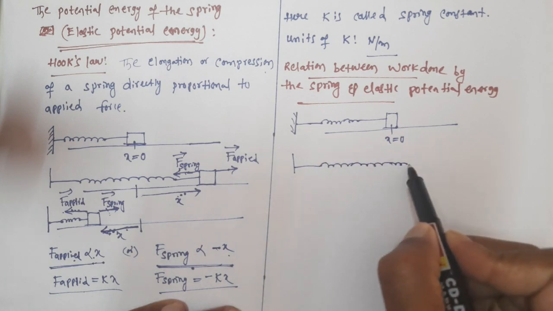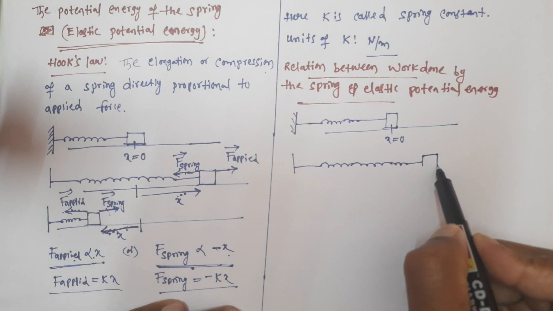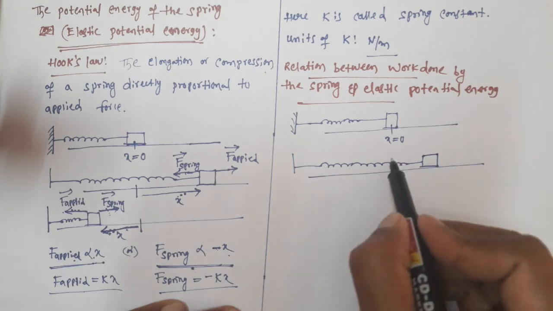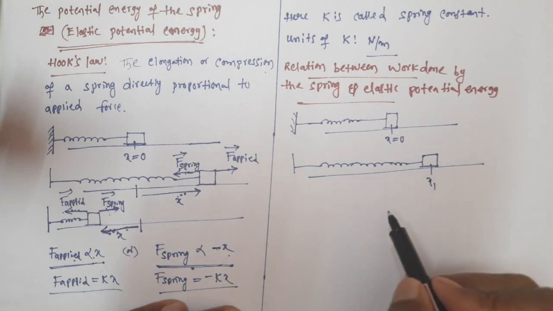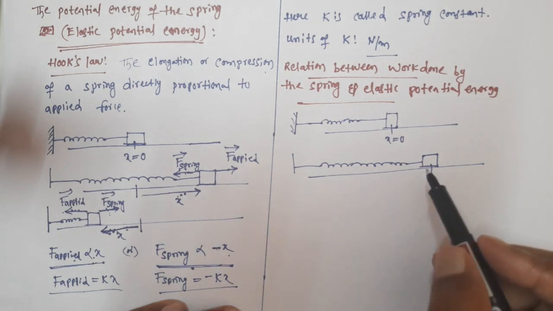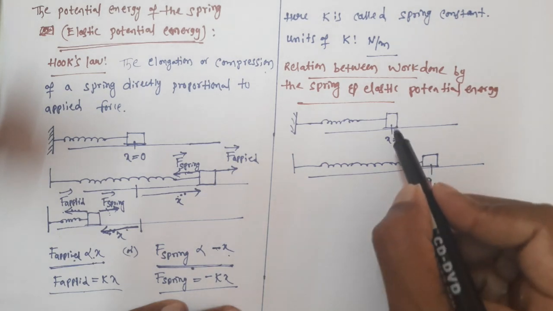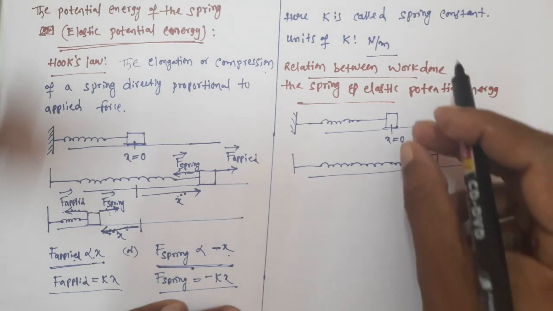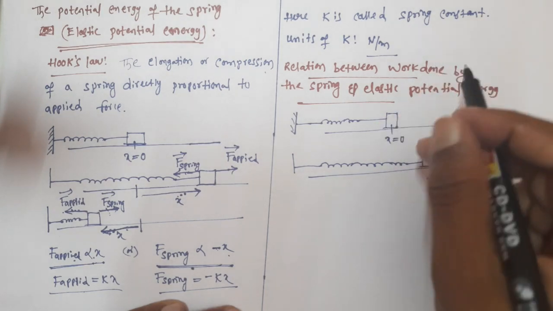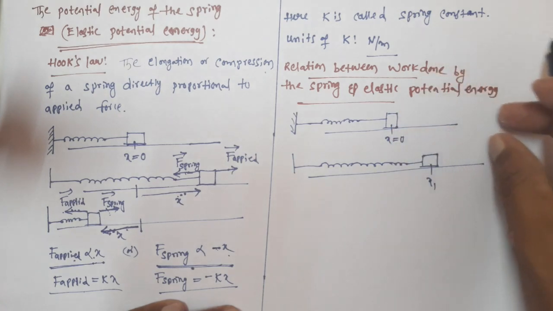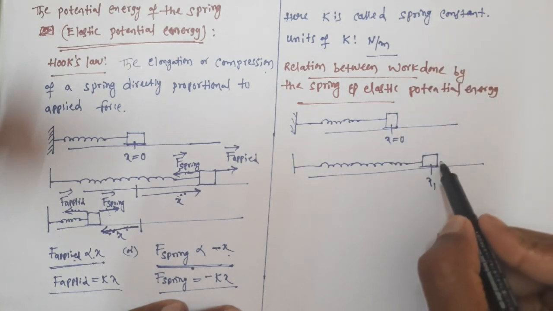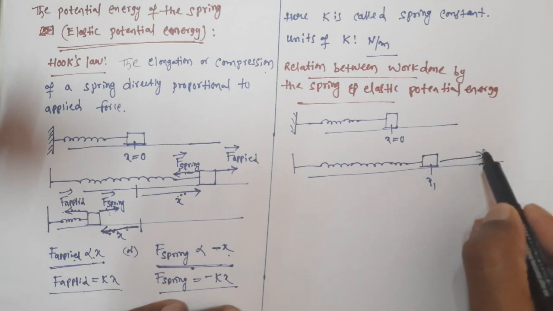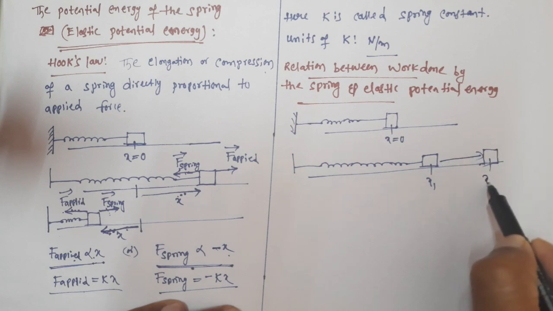Let's say we are moving the block. Let's say this is the initial position x equal to 0, and this is position x equal to x1. Assume we are extending and holding the block, and moving it like this. First we move till x1, then we move the block towards the position x2.